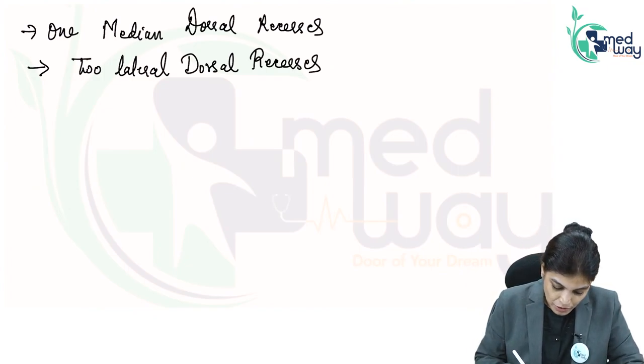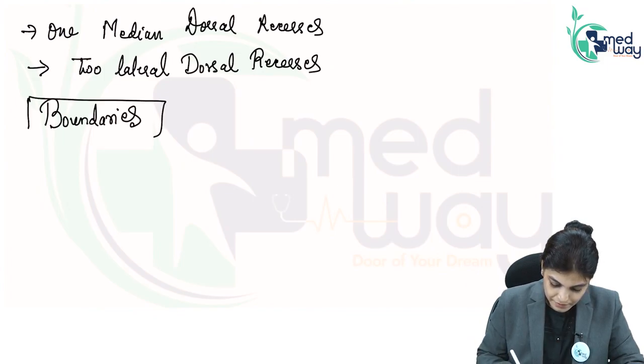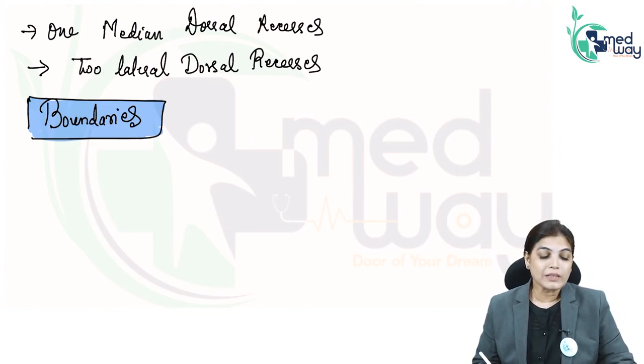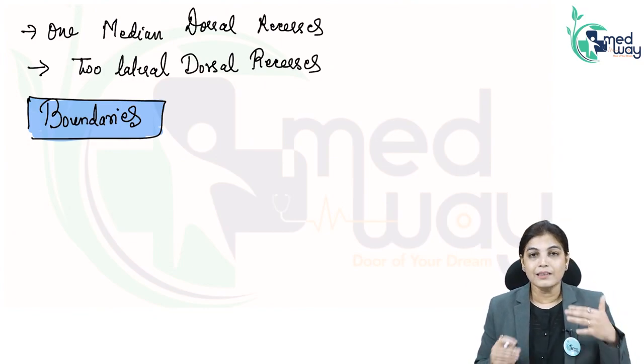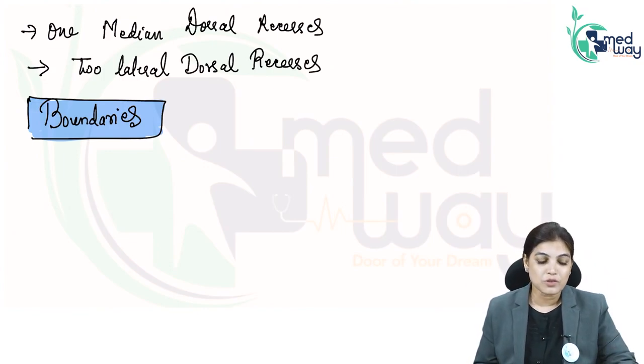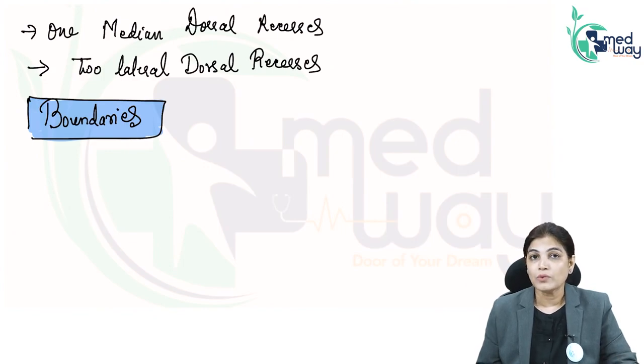Now we will talk about the boundaries of the fourth ventricle. We will also talk about the roof and the floor, but firstly we should know what structures bound it infralaterally and supralaterally.